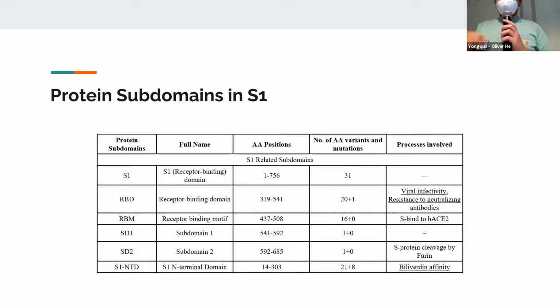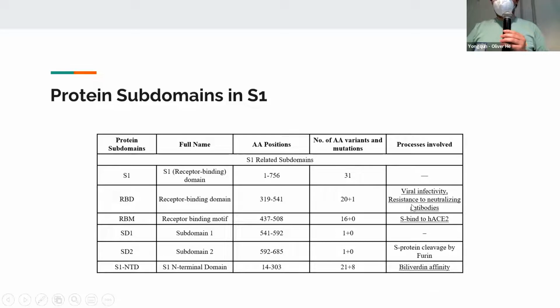So when we're getting into the central hierarchy for each of the amino acid proteins, we take a look at the subdomains. So the S protein has two major subdomains, S1 and S2. The S1 domain is defined through a text definition of how many amino acid positions they are located within in SARS-CoV-2.